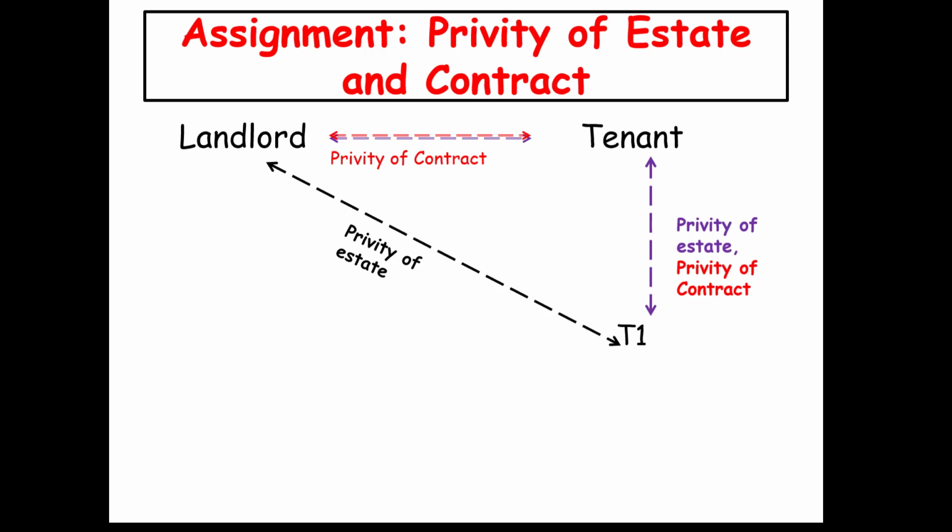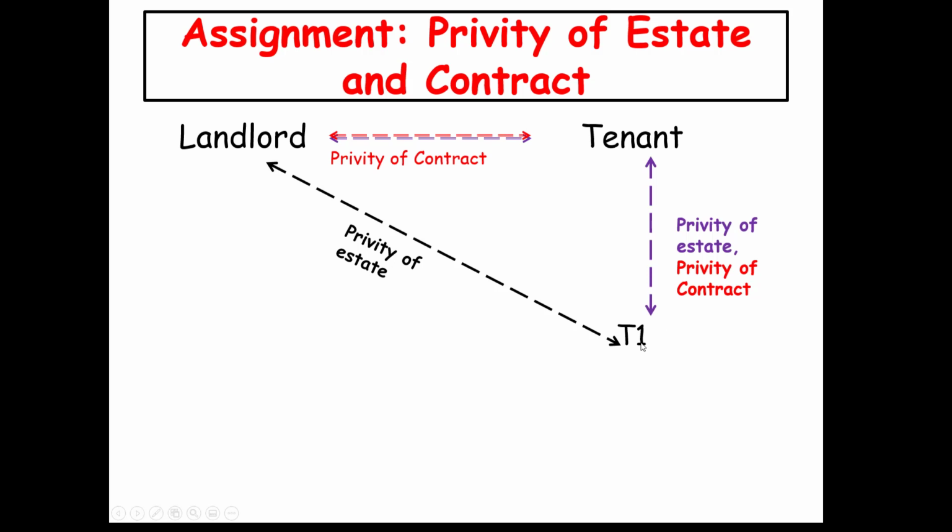When T1 fails to pay rent, the landlord has a remedy under contract against the original tenant and under property against the new tenant. And the landlord can, at his or her election, decide to pursue both of them or one or the other.